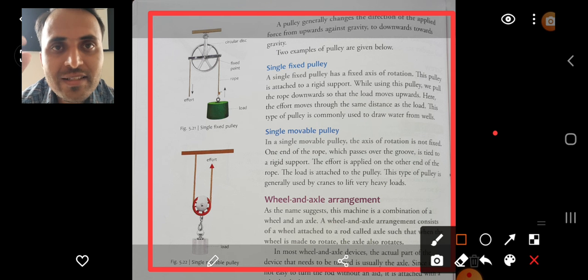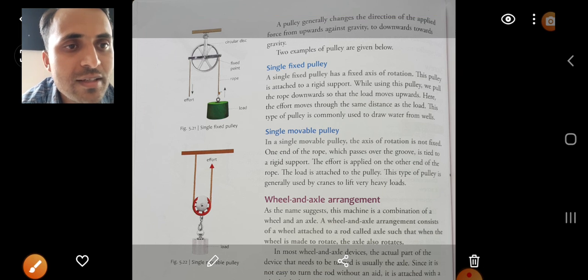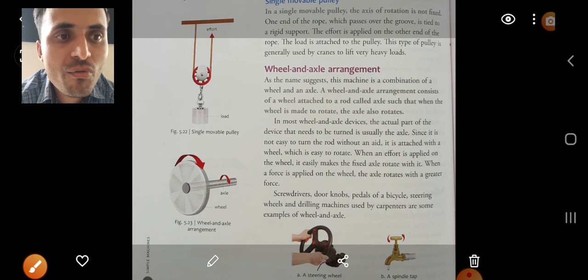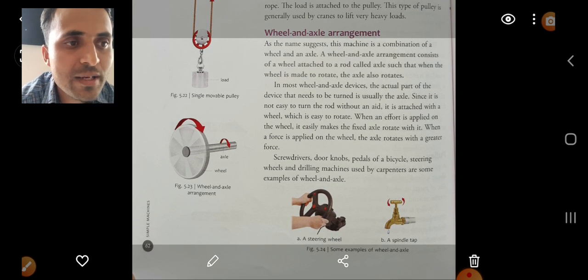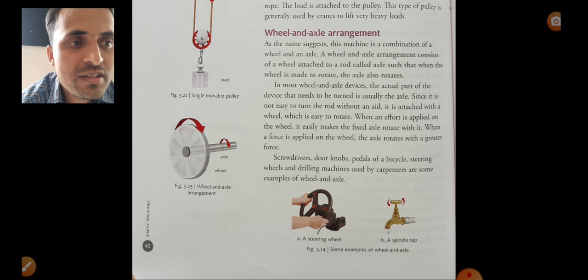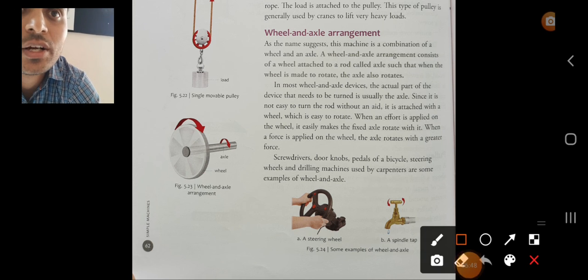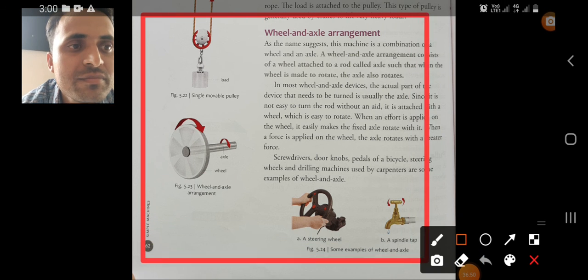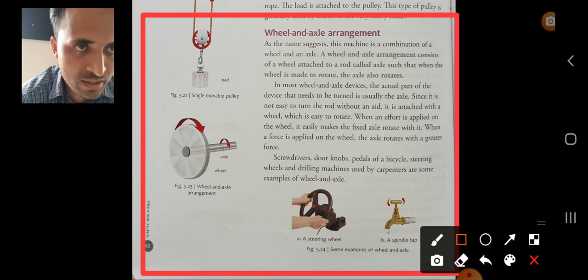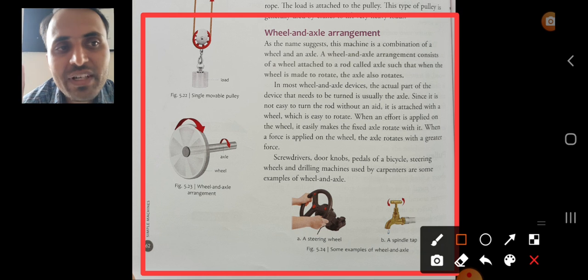Now we will see the last type of simple machine, the sixth type. It is named the wheel and axle arrangement. See the construction, see the diagram of it carefully and try to understand its mechanism one by one. It contains two different parts.